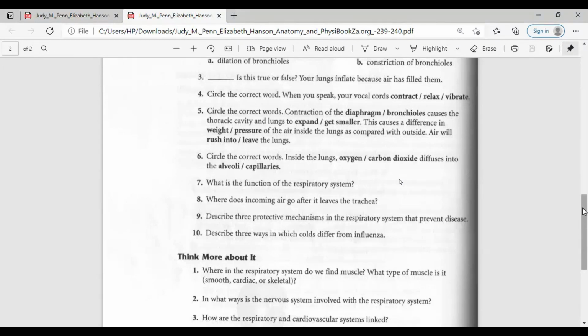Yes, the bronchi. How many types of bronchi have I taught you? 3 types, right? Primary bronchi. What else?